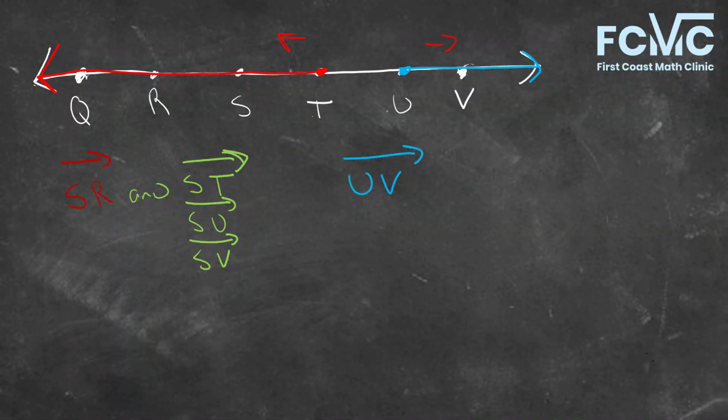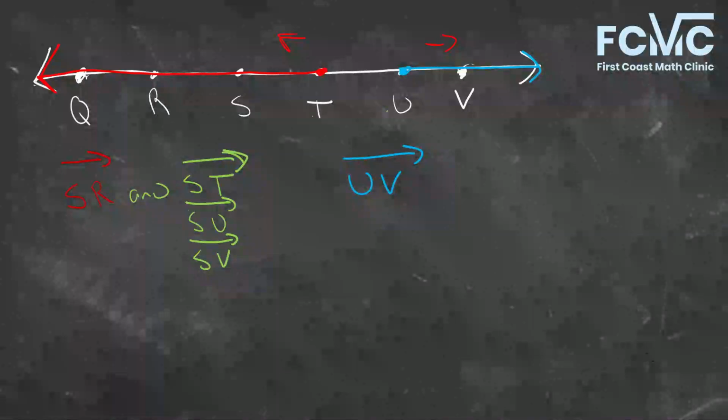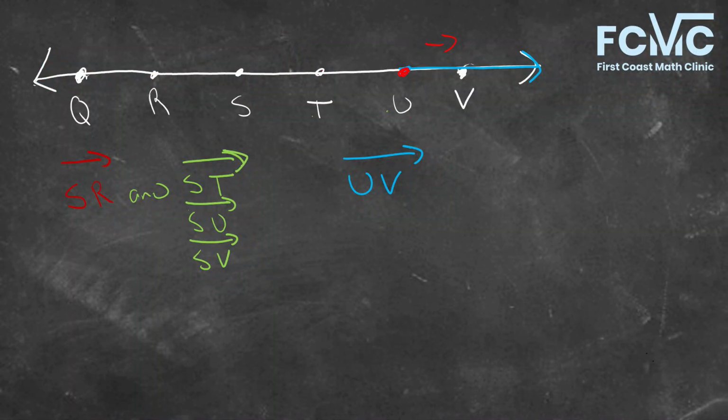So our ray in red needs to have that common endpoint at U. So if I redraw this ray in red from an endpoint of U, going in the opposite direction, we'll call this UQ, again with the flat part of our ray above the U. Or if we want to use any of these other points here, UT.